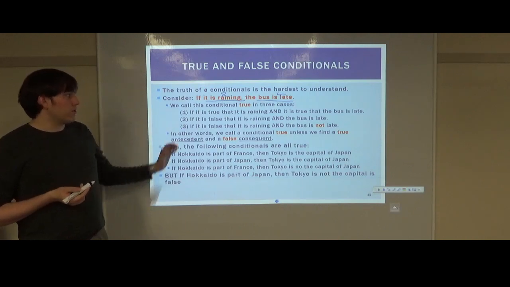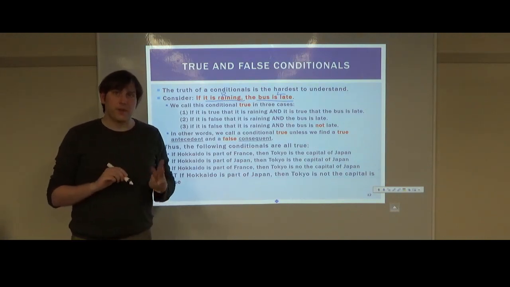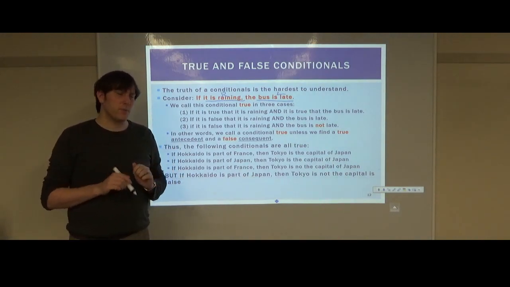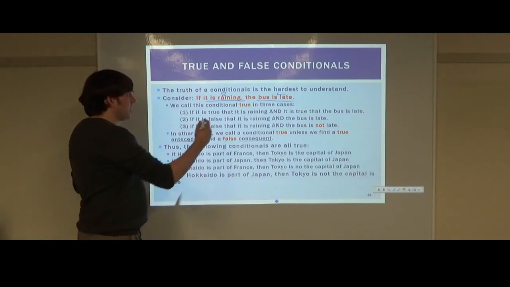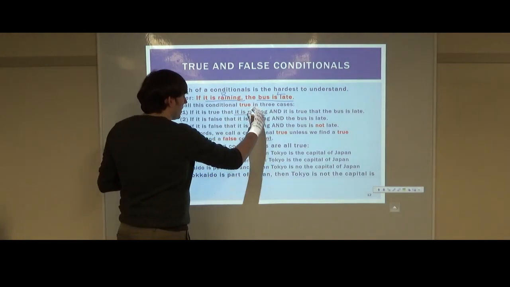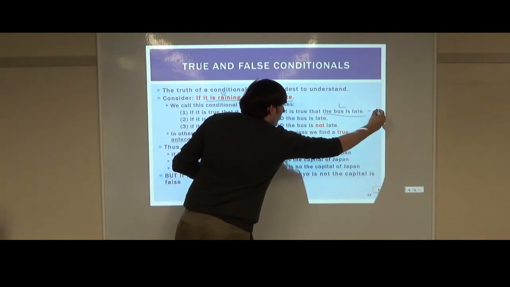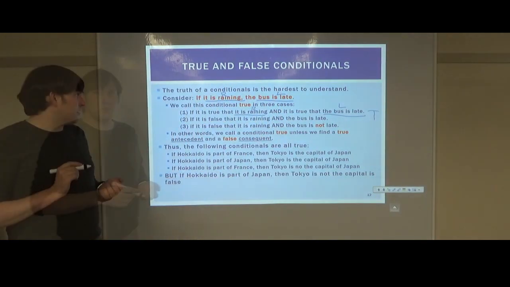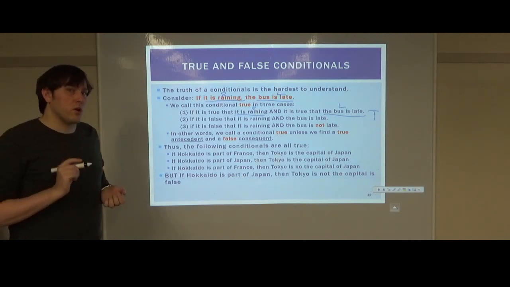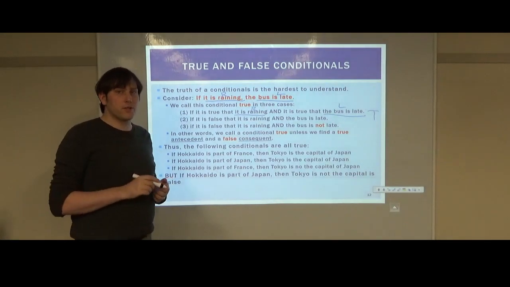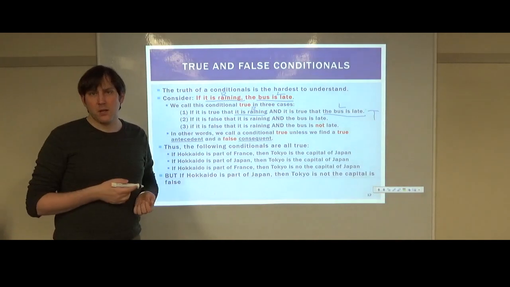So we're going to call this conditional true in 3 different cases. So one of them is pretty obvious. So if it is both true that it's raining and that the bus is late, we're going to call that true. There's going to be 2 other cases we're calling it true. But first I'll mention the one where we're calling it false.